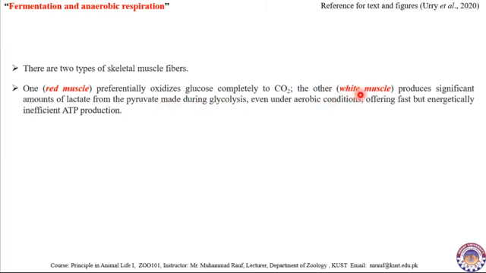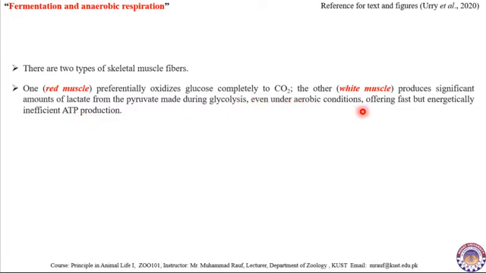So in white muscles, the pyruvate is converted into lactate, and it can only happen if NADH delivers its electrons to pyruvate. Even under aerobic conditions, this offers fast but energetically inefficient ATP production.